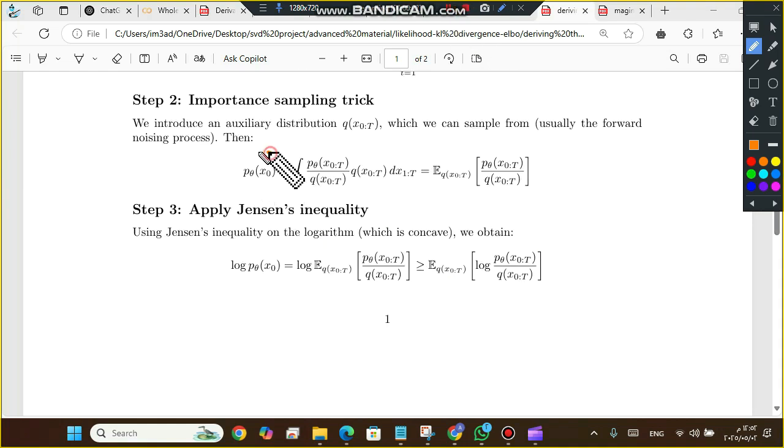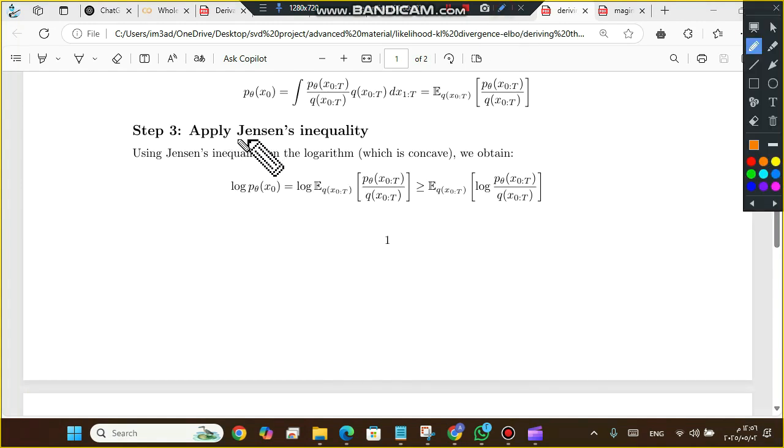So we have arrived at the fact that the probability of the model producing x naught will equal the expectation of this quantity over here.